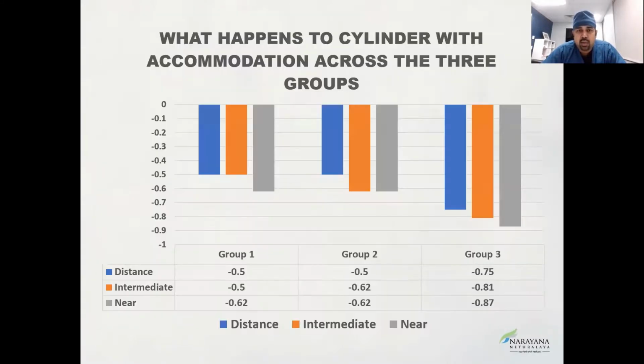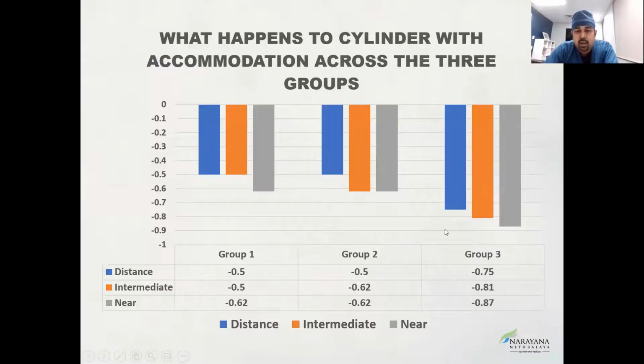If you look at this slide, it's a slightly busy slide, but what it basically shows you is based on eye trace. When we do the eye trace for distance, intermediate and near in these patients, and then derive the spare cylinder at each of these distances, we see how these change with accommodation. If you look at group 1 patients who are normal, the amount of cylinder that actually changes with accommodation is just 0.1 as the patient accommodates.